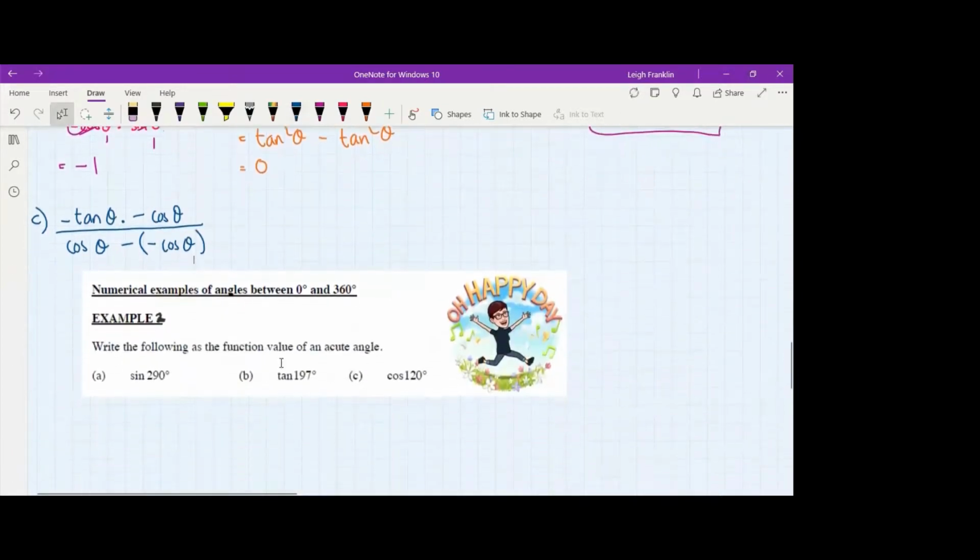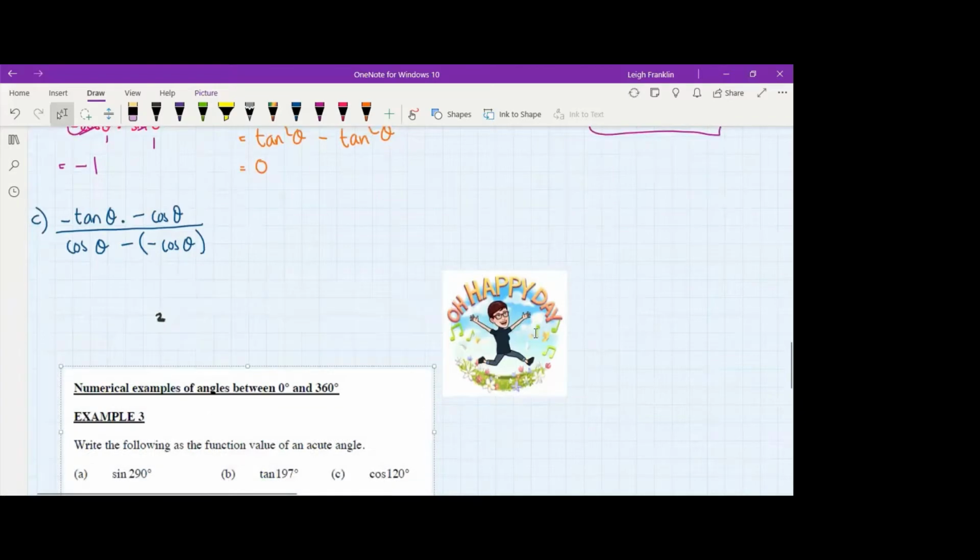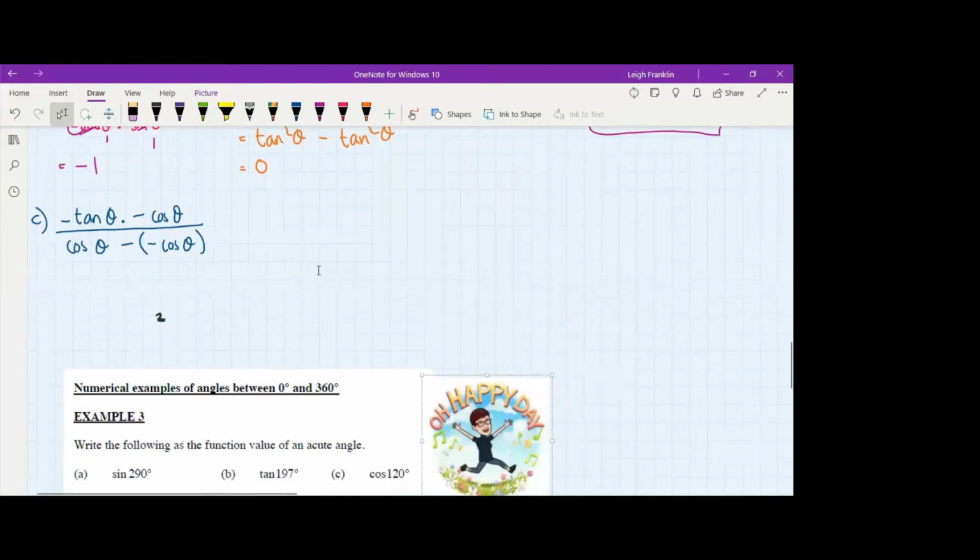All right, now what I'm going to do is just move that down. We've got a bit more space to write. Let's finish this off. Oopsie, we've got this sitting in the middle of the road now. Okay, so this gives us negative tan theta times negative cos theta. So that would be a negative times a negative, which is a positive.